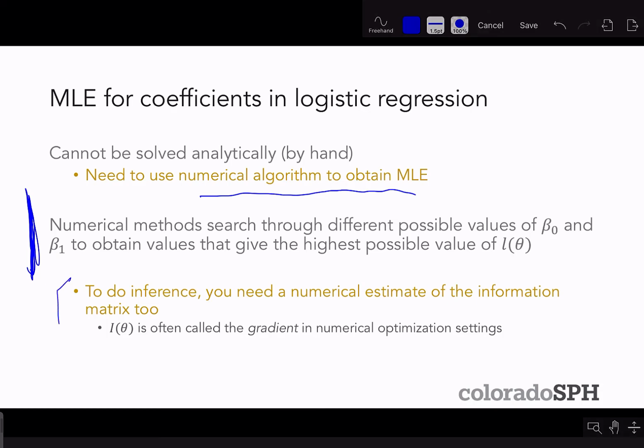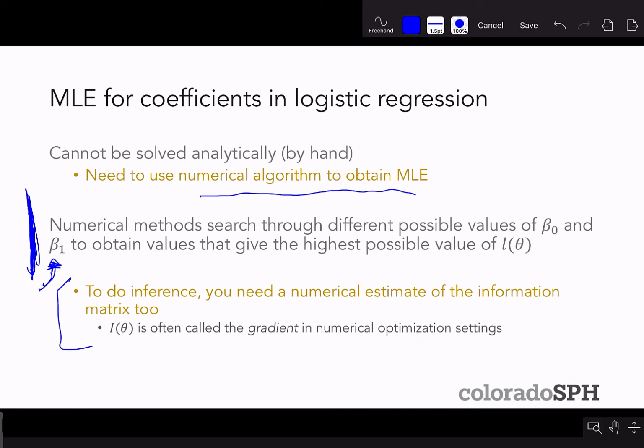And then why did we even bother with that information matrix? Well, the numerical methods to maximize the likelihood only give you a point estimate, a single value that is the maximum likelihood estimate for beta 0 and beta 1, but it doesn't give you p-values or confidence intervals. It doesn't give you inference.